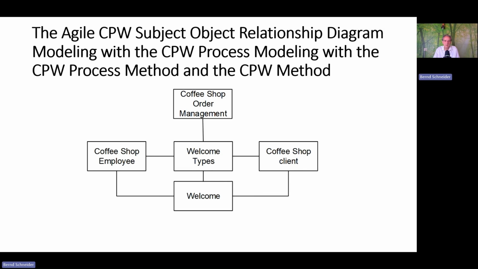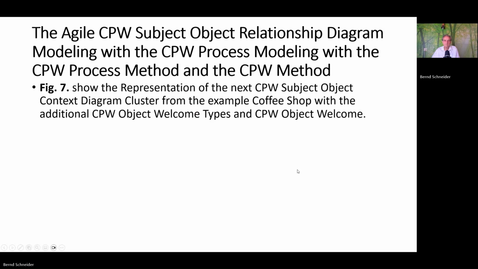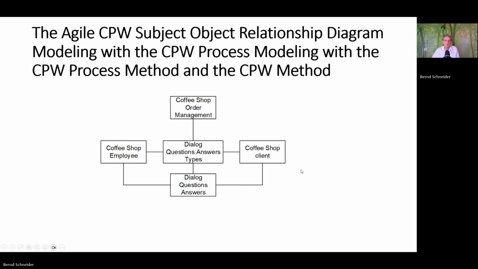And then we have welcome and welcome types for the coffee shop employee, which is the coffee shop sales assistant, and for the coffee shop client. Here's the description from figure 7. Now we have the next one.